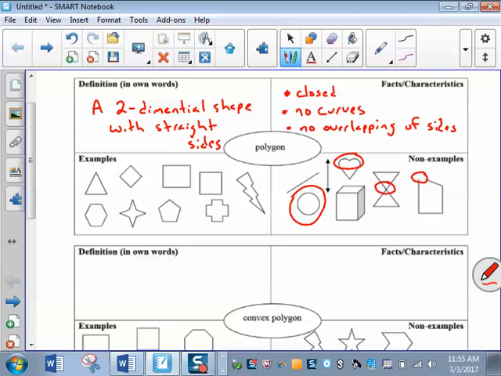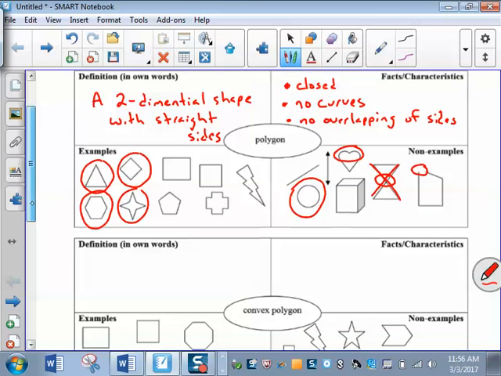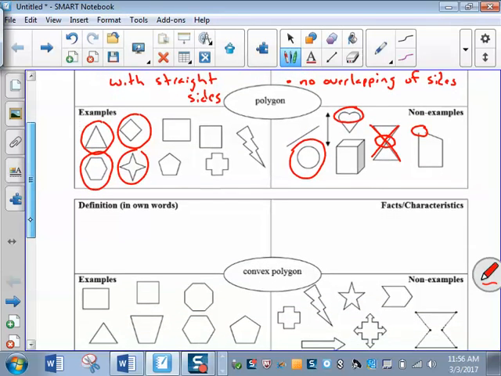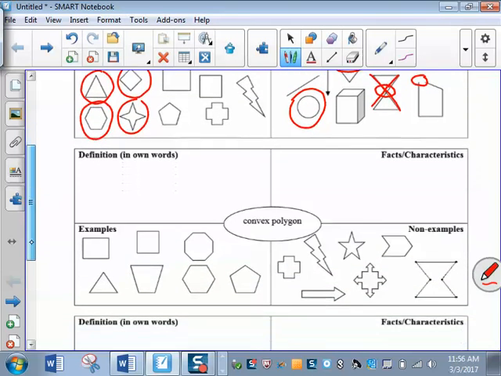Those two sides, it's kind of like two triangles touching, but the overall shape is not a polygon because the sides, you can imagine this is a side and this is a side and they're crossing in the middle, so that is not a polygon. All of these examples that you see here are polygons. They're all two-dimensional shapes with straight sides only. No curves, no openings, no overlapping.